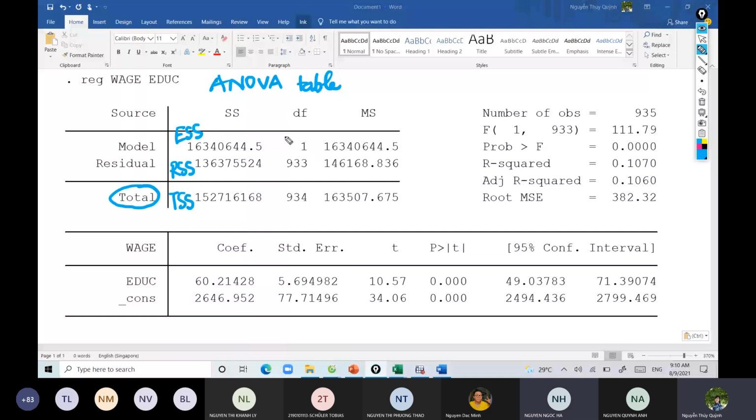Yeah, in this case, for this model, it is 1, all right? But for the general case, we will have the degree of freedoms for ESS, which is K, okay? And K is the number of independent variables in the model. In this model, we have only one independent variable, which is the education. That's why K is equal to 1, all right?